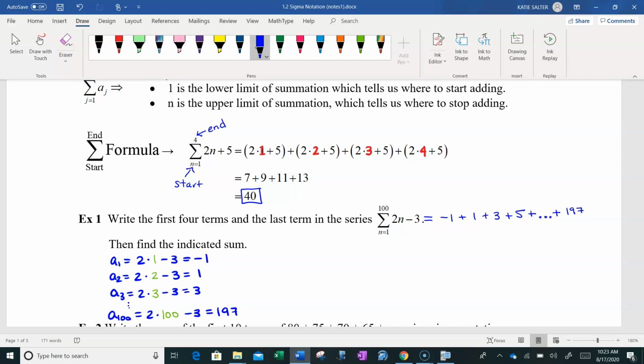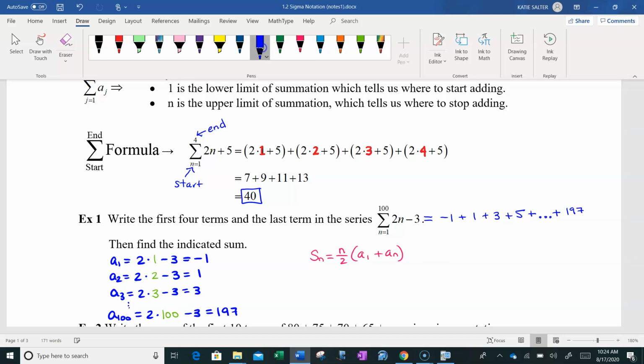Well, I do not want to find all 100 terms and then add them up. So we're going to use our summation formula. Because this is an arithmetic series, it has a common difference, so we can use the formula we learned in the previous lesson: S sub n is equal to n divided by 2 times a sub 1 plus a sub n.